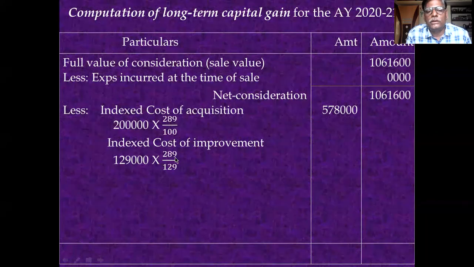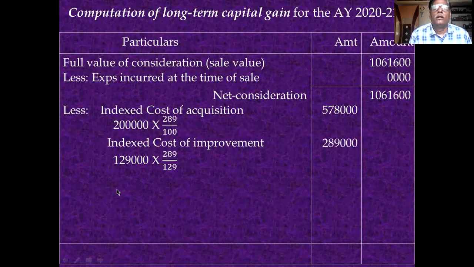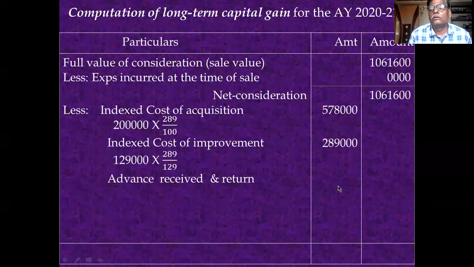And present index is 289. This cost was incurred in the year 2007-8. 7-8 index is 129. So you divide by 129. It is the index cost of improvement. Clear? Then there is no advance received amount. So it is 0. Clear?